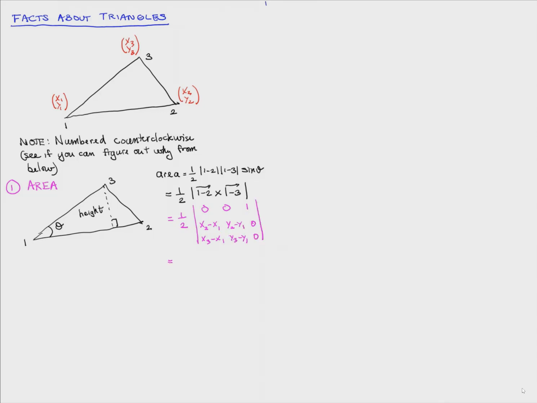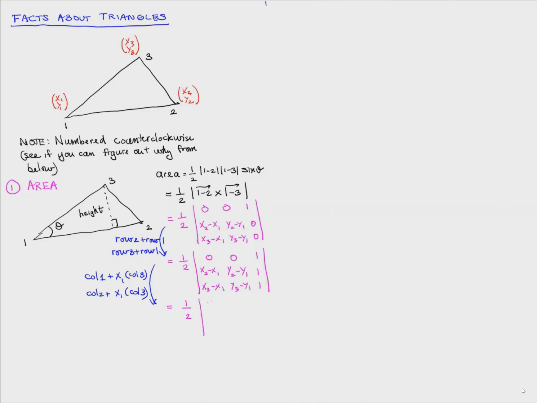Now doing some elementary row and column operations. So for example, we're adding row 1 to row 2 and row 1 to row 3. This determinant can be written like this. And then doing an elementary column operation where we're adding x1 times column 3 to column 1, then x1 times column 3 to column 2, we can write the determinant like this.